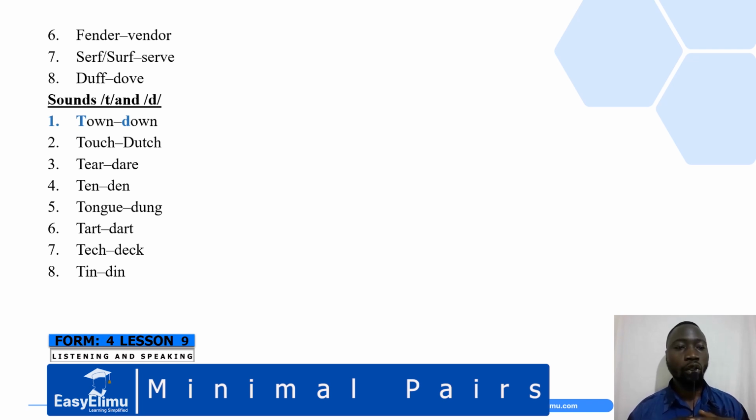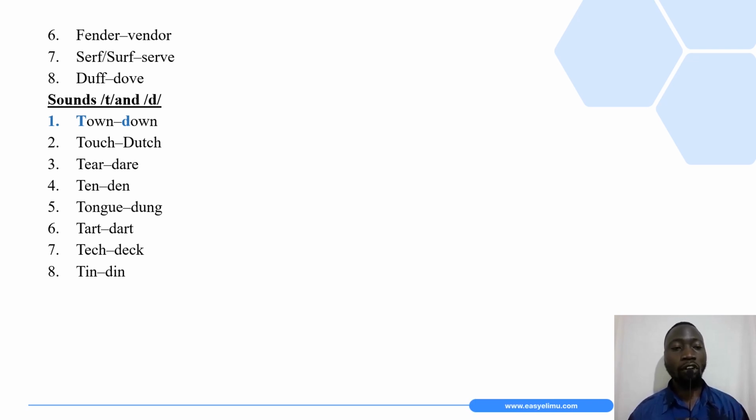So lastly, let us look at examples of minimal pairs in consonant sounds by looking at the sounds T and D. In this category, we have examples such as town and down. We have touch and Dutch, tear and dare, ten and den, tongue and dung.